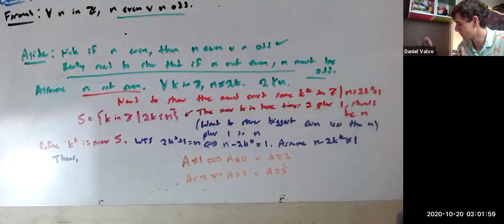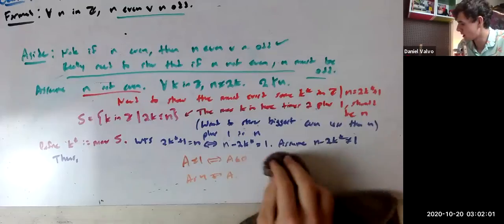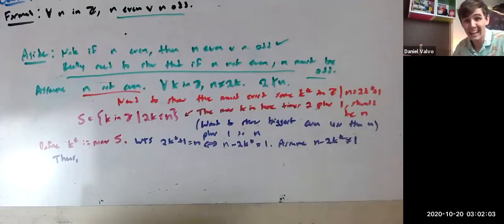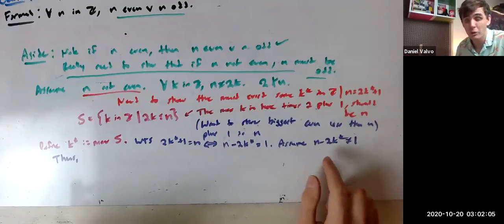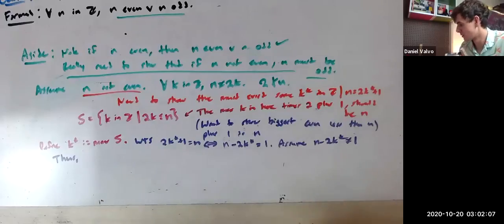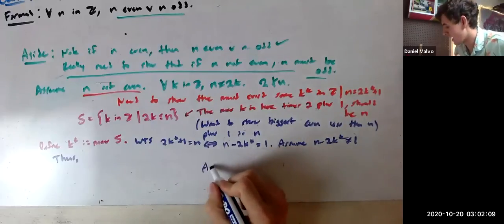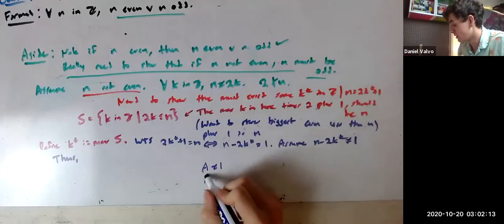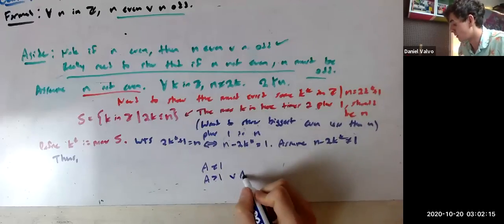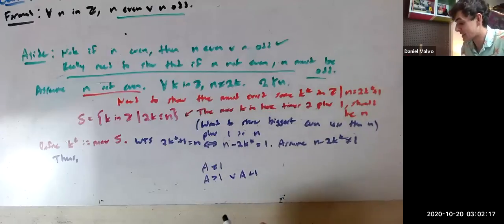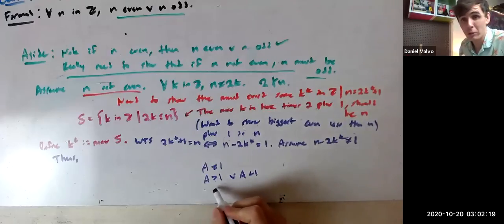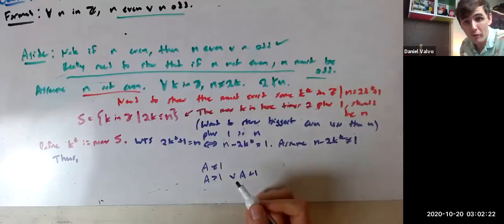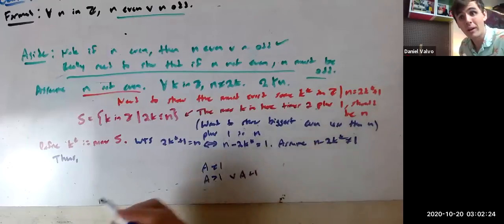The point being, since n minus 2k star is not equal to 1, and n minus 2k star is an integer, the reason integers matter is, if A doesn't equal 1 but A is just a real number, not necessarily an integer, then you have to use A is greater than 1 or A is less than 1. We can't say it's greater than or equal to 2 because, for example, 1.5 would work. That would be a number that's not equal to 1.